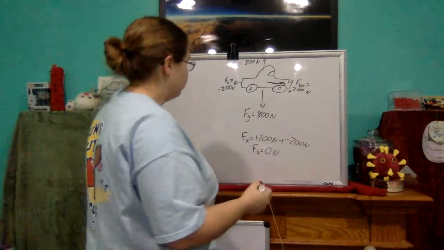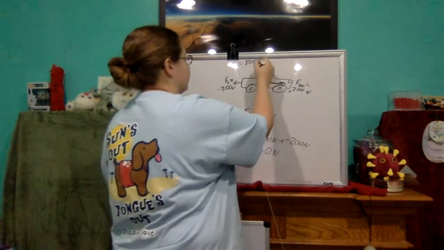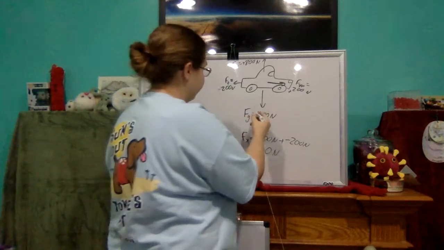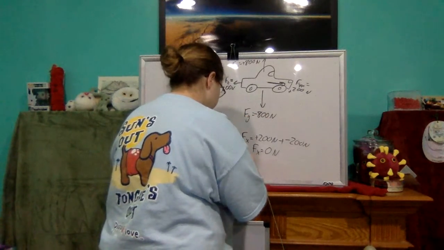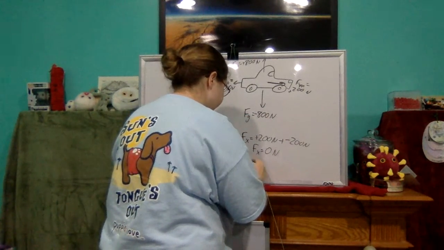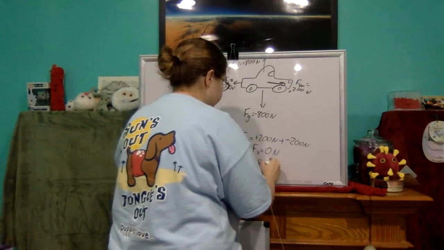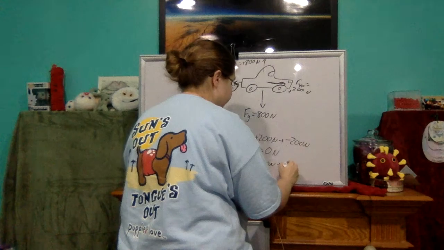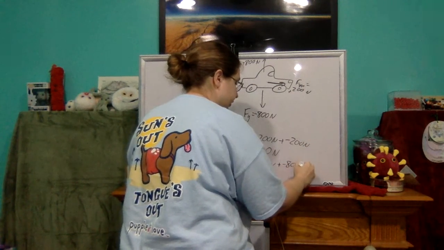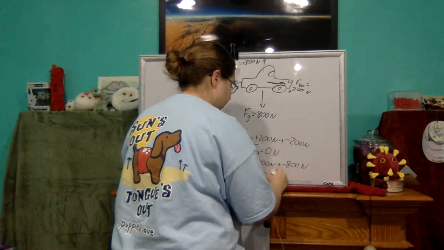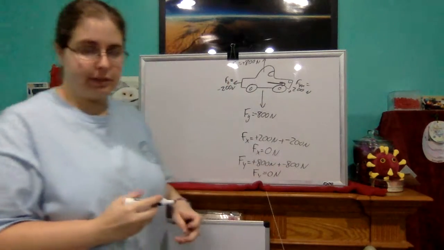All right, well, let's look in the y direction. Again, this one's going up, so we're going to say that one's positive. This one's going down, so we're going to say that one's negative. So force in the y direction equals positive 800 newtons plus negative 800 newtons, and we get 0 newtons.